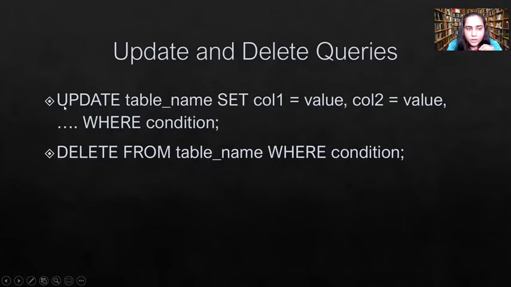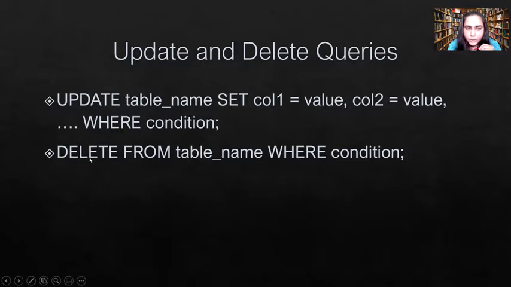So you have update, which is a keyword, after which you will mention the name of the table where you want to make all these changes, and then set, which is a keyword, and then you mention the name of the column, and after that you mention what value you want to replace, because update means you are trying to change the value of something.